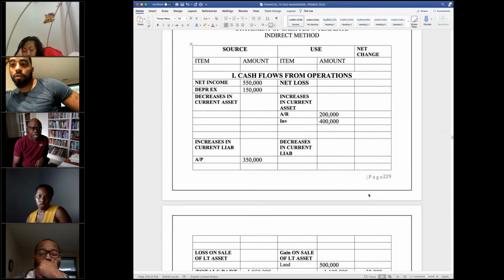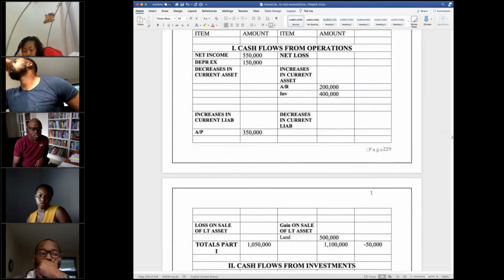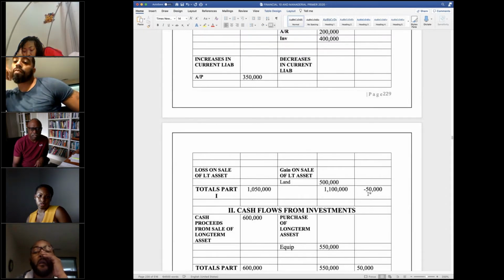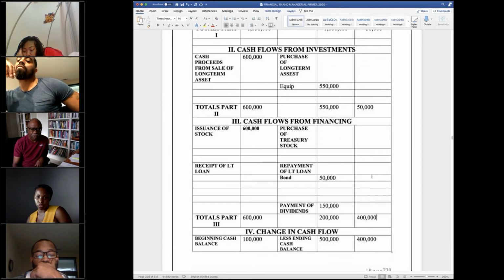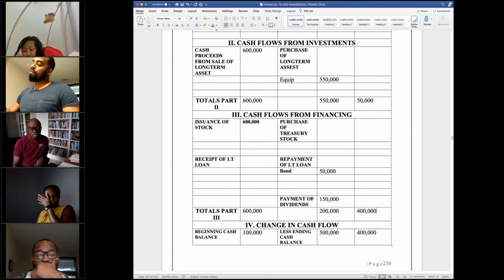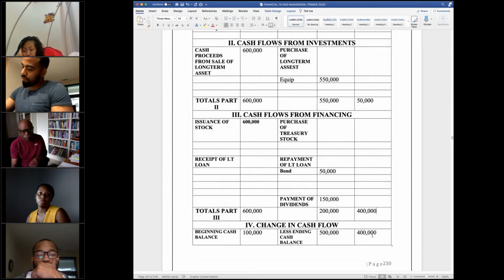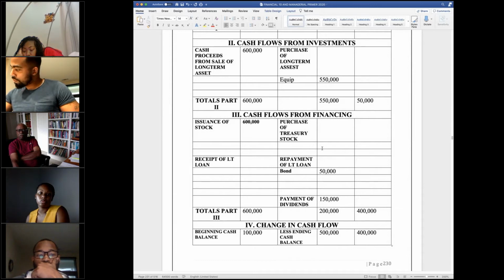So now we have the net change. Part 1 minus 50, part 2 plus 50, they canceled out. Part 3, 400. And that's what you said, the change was 400. So the cash went up by 400, but mainly because you issued stock. You didn't make any money.